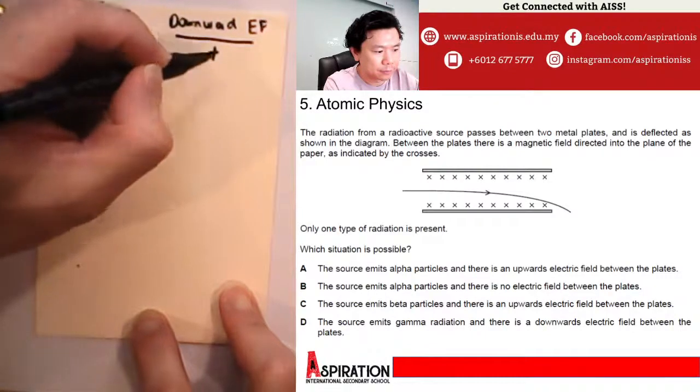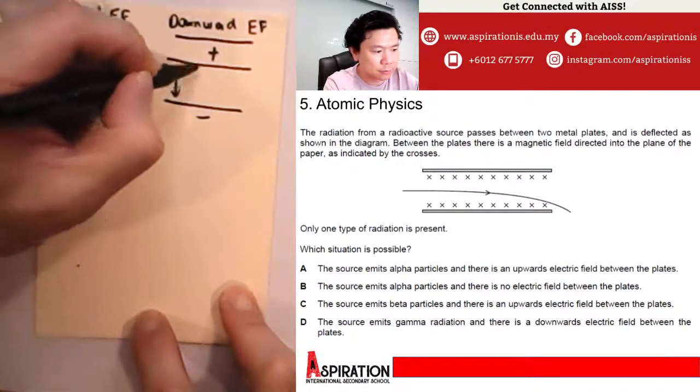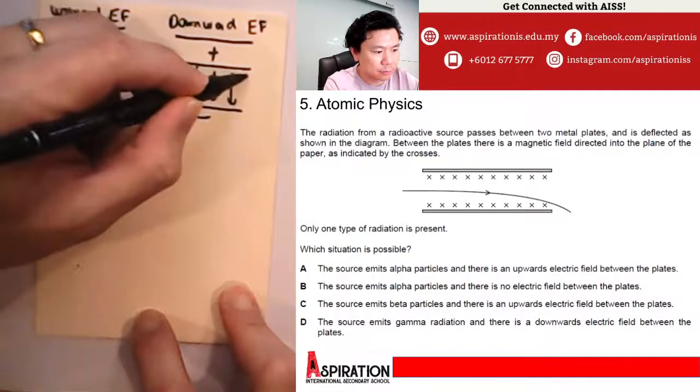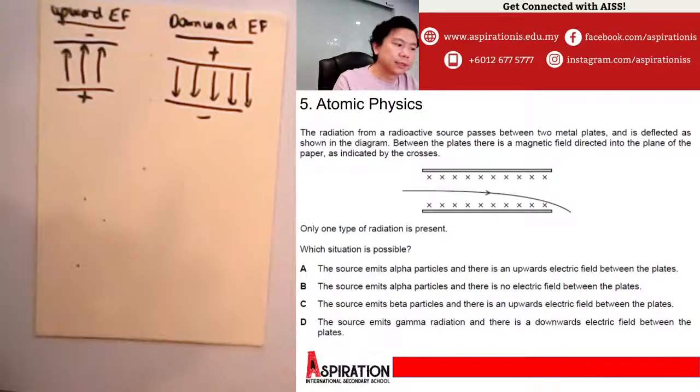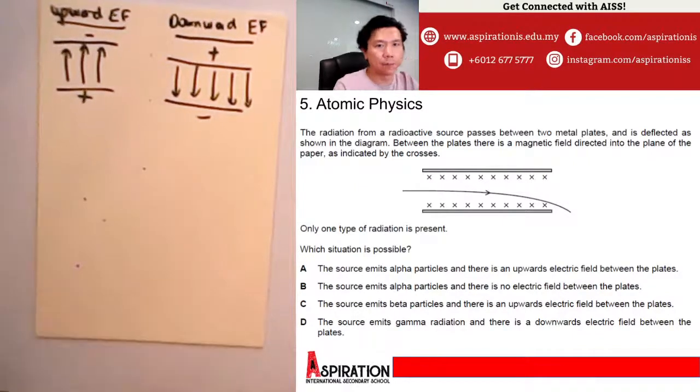Okay. So when they say upward electric field, it means the bottom terminal is positive, the top terminal is negative. When they say downward electric field, it means that the top terminal is positive and the bottom terminal is negative.